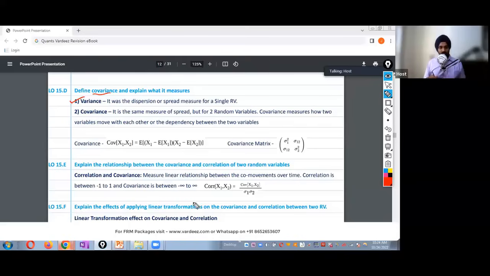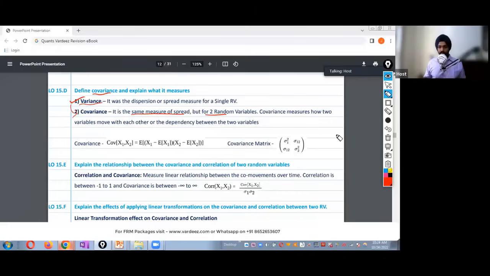In this chapter, we are talking about multivariate random variables. When we have two random variables, the variance becomes covariance, the variance between two things. Covariance is the same measure of spread, but for two random variables.